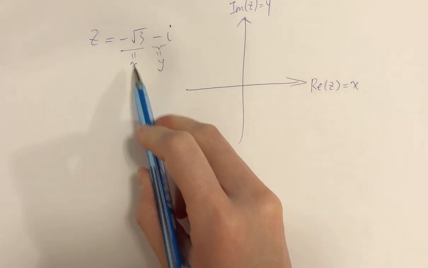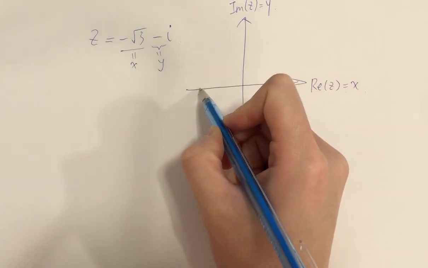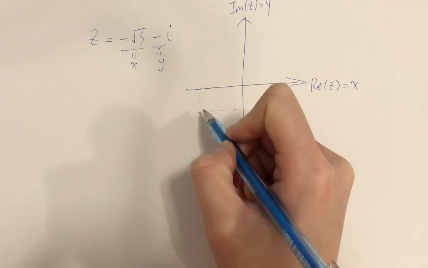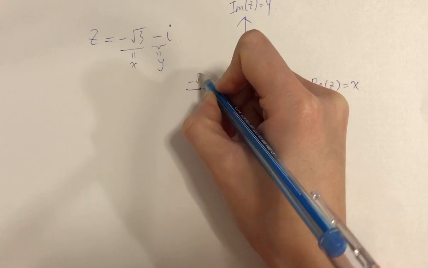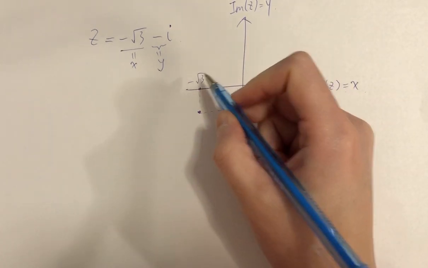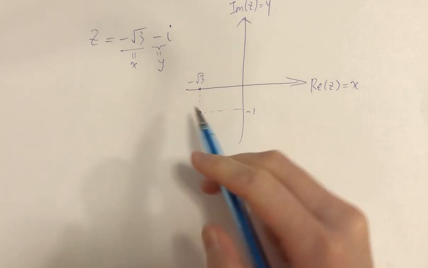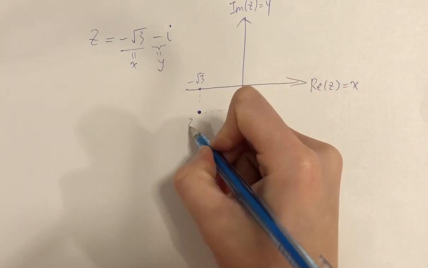So you're just plotting negative square root of 3 comma negative 1. That's going to be roughly here. So if this is negative 1, and this is negative square root of 3, then this point corresponds to your z.